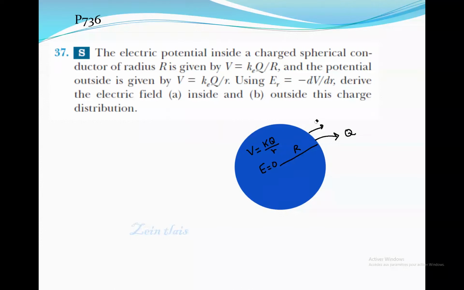Okay? And the potential outside is given by V outside equals KQ divided by r.